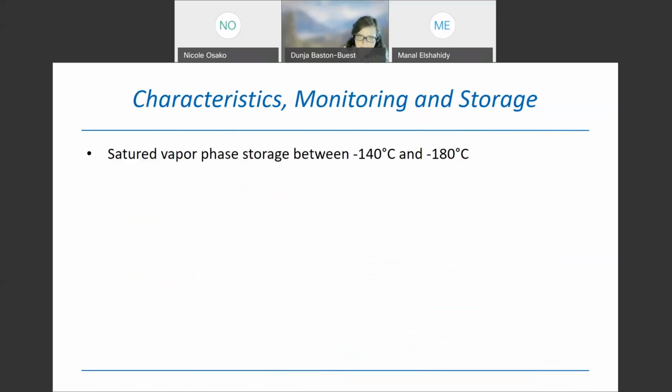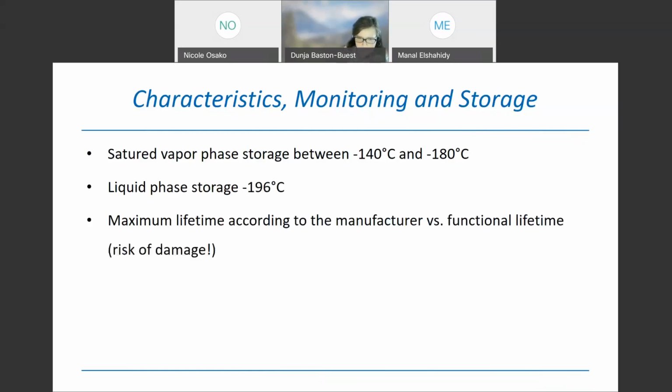We all know we can store the specimen, the tissues or the cells, in a saturated vapor phase in the tank, and the temperature is between -140 and -180 degrees Celsius, depending on the distance to the surface of the liquid nitrogen. And we have the storage in the liquid phase at about -196 degrees Celsius.